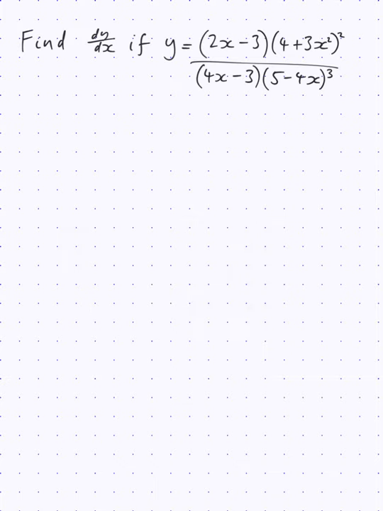So here's an example of where we would use logs to make differentiation easier. If you look at this expression, y equals all that, we could use the product rule or the quotient rule a few times along with the chain rule and calculate all this out. But it would take forever.